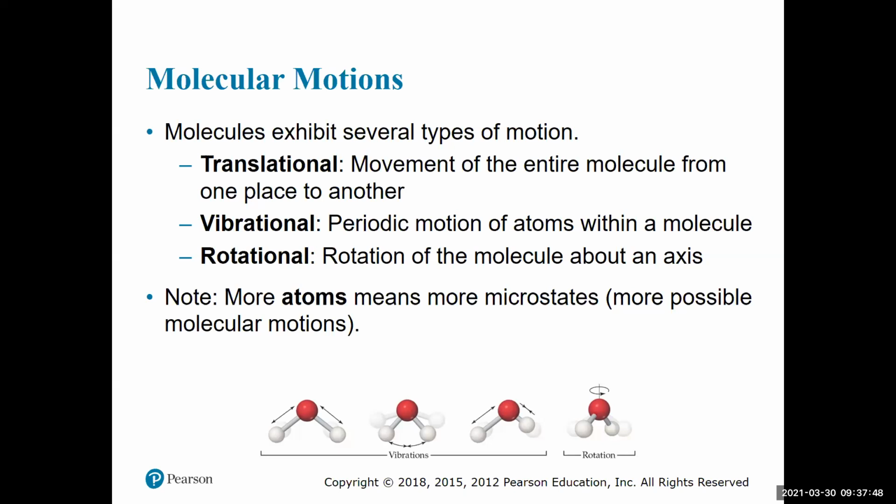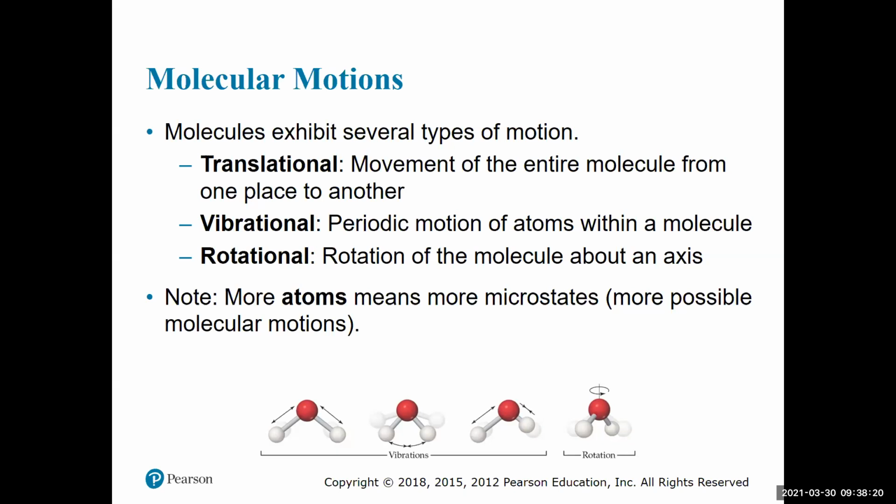But the point for us here with the second law of thermodynamics is that those are all additional microstates. And this is why, as I was saying before, it gets really difficult and really complicated to figure all this out, which is why thermodynamics was developed. The other one is rotational. With rotation of the molecule, you have an axis and it spins around it.